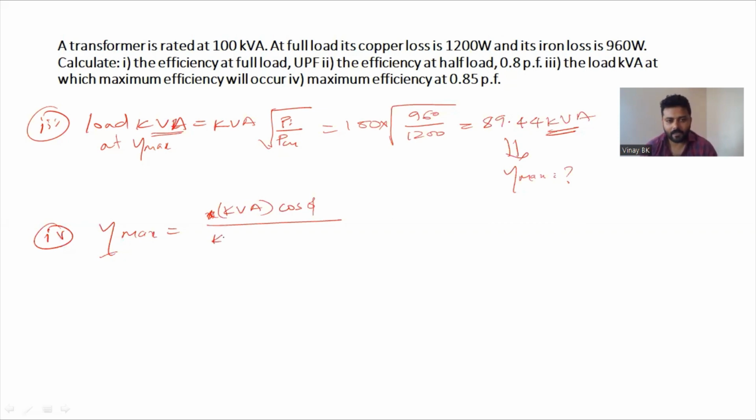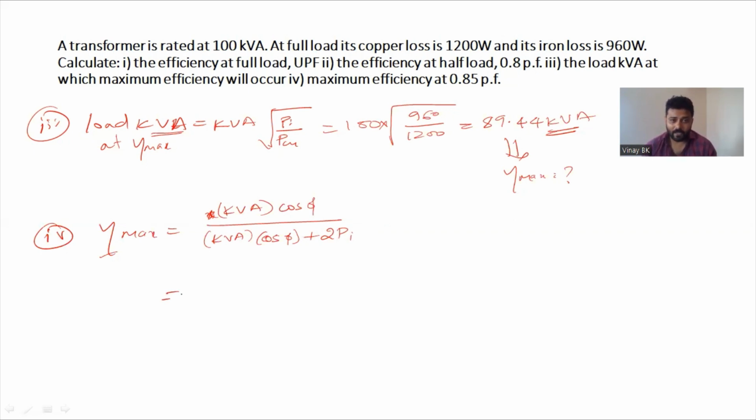Okay, kVA into cos phi plus 2 into Pi. Condition for maximum efficiency is Pi equals PCU, so you can rewrite here 2 Pi.